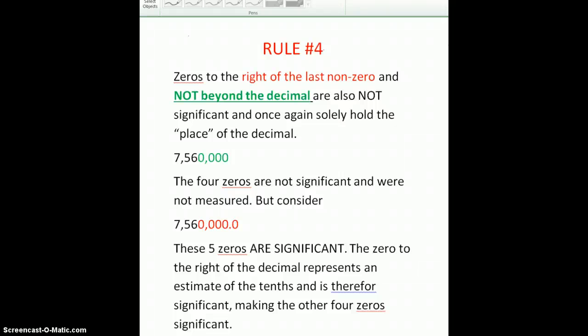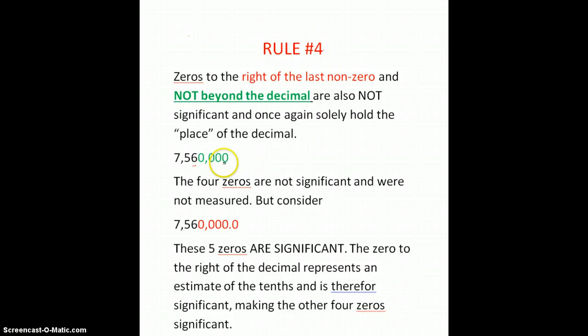And now for the digits that are not significant, and they also involve zeros. As a matter of fact, except for the first rule, all of our rules do involve zeros. Now this is for zeros to the right of the last non-zero, so in this number the 6 would be the last non-zero, and they are not beyond the decimal place. The decimal would be right here for 7,560,000.